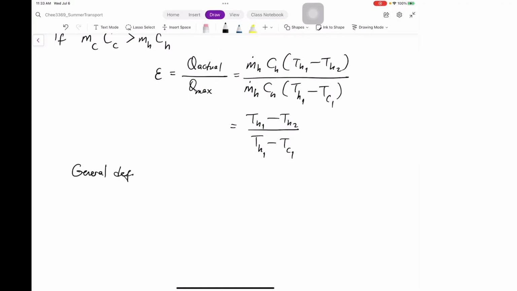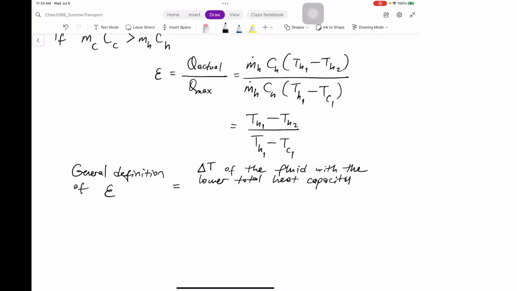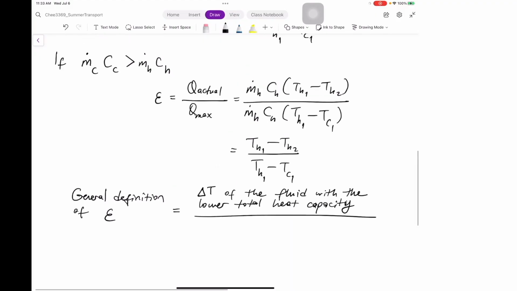The general definition of epsilon is equal to delta T of the fluid with the lower total heat capacity in the numerator, divided by, so this is basically, as you can see, the hot one has it.